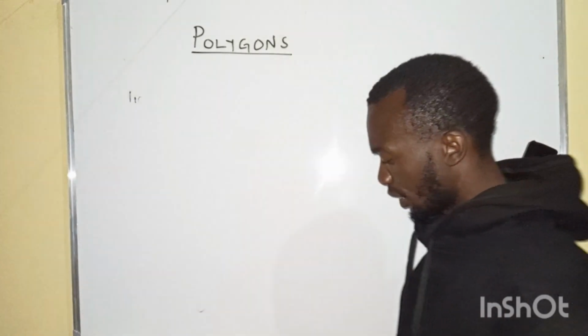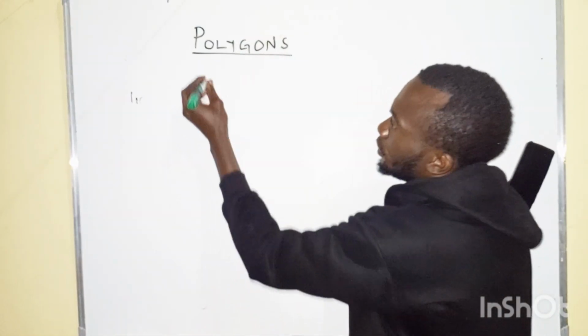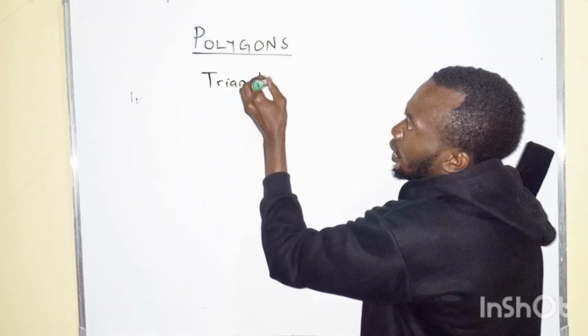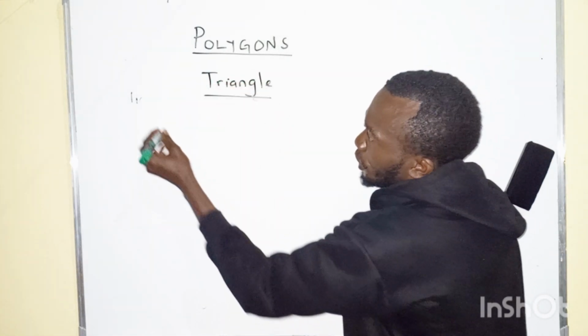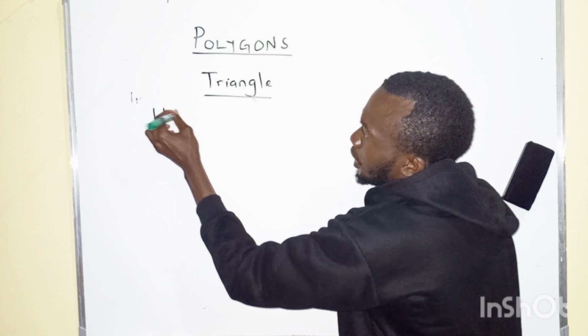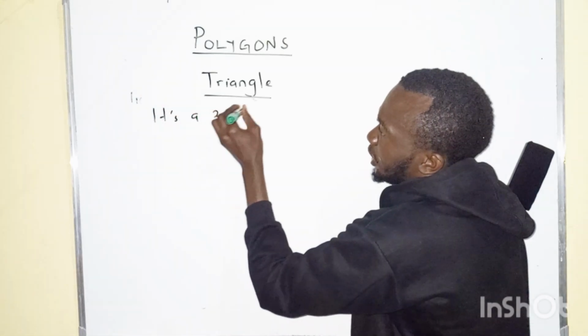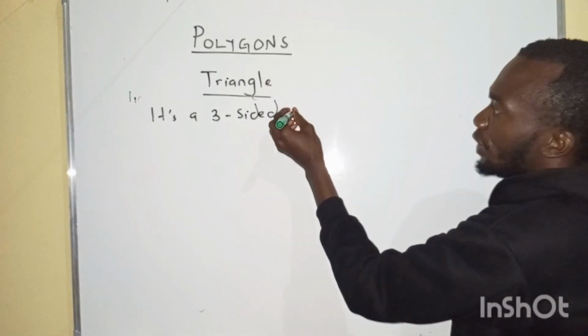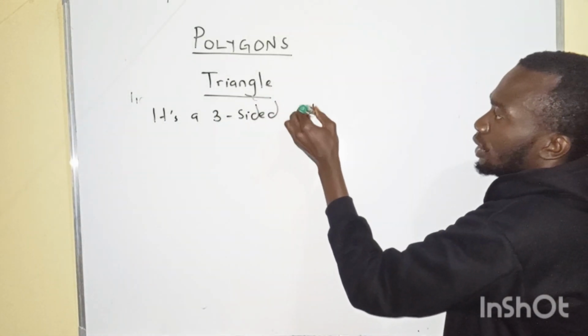Now, a triangle is a 3-sided polygon, a polygon with only 3 sides.